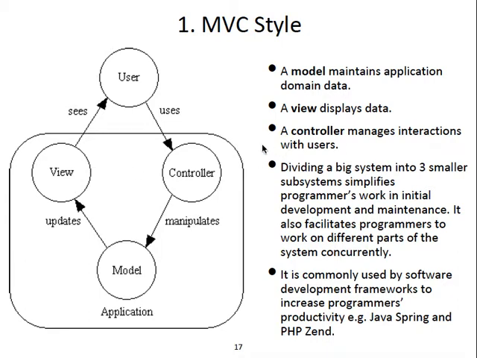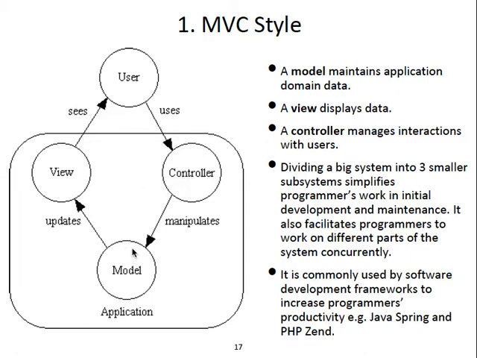So instead of searching a big system for where to make the change, you limit your search to one third, let's say. As a software maintenance programmer, your job is easier because things are divided into three parts.